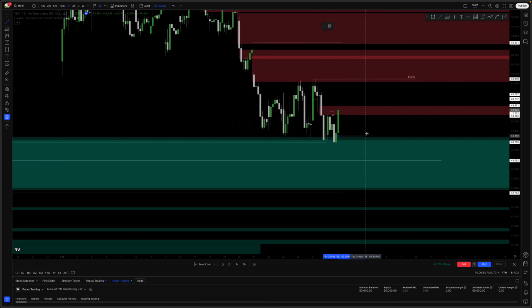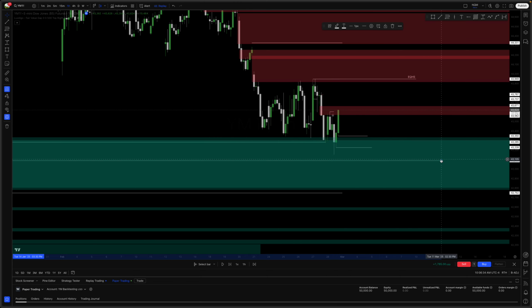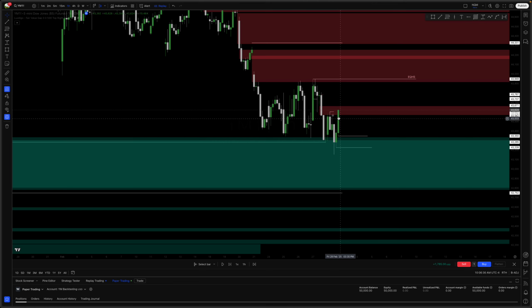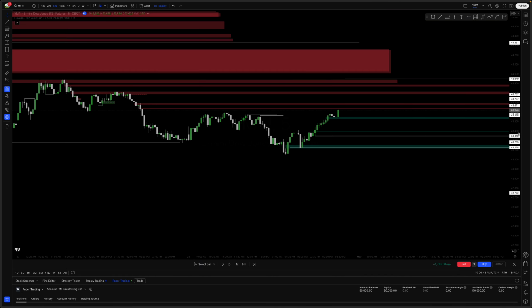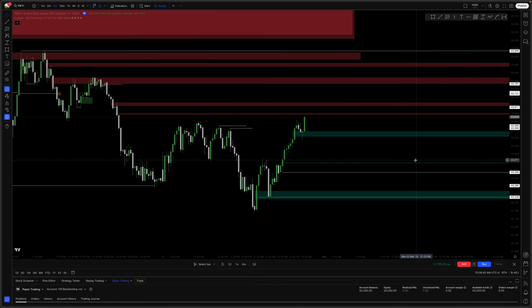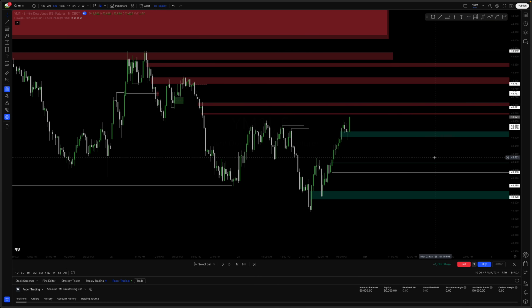We have these lows here, these lows here, and obviously an impulse move out of this fair value gap. So ideally these should have been a target for us, but on the 5 minute chart, it's an absolute bull trend. Perfect delivery on the 5 minute chart.